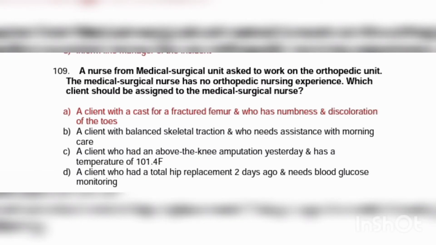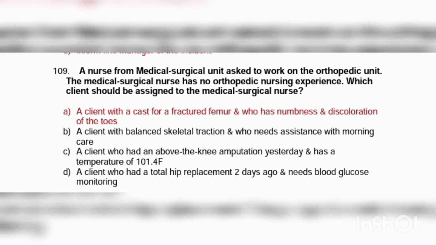Next question. A nurse from the medical surgical unit is asked to work on the orthopedic unit. The medical surgical nurse has no orthopedic nursing experience. Which client should be assigned to the medical surgical nurse? Option A, a client with a cast for a fractured femur and who has numbness and discoloration of the toes.